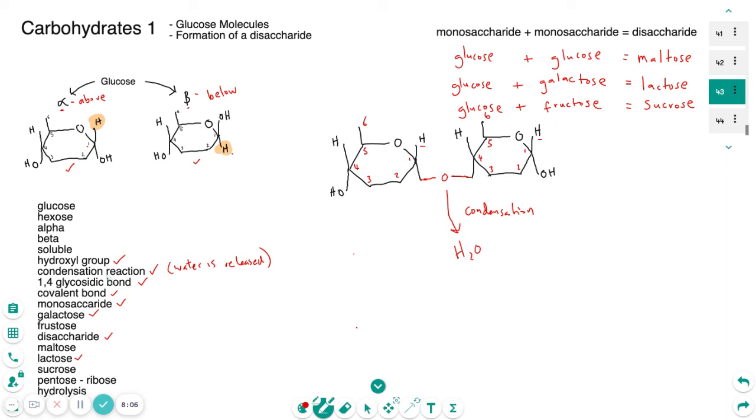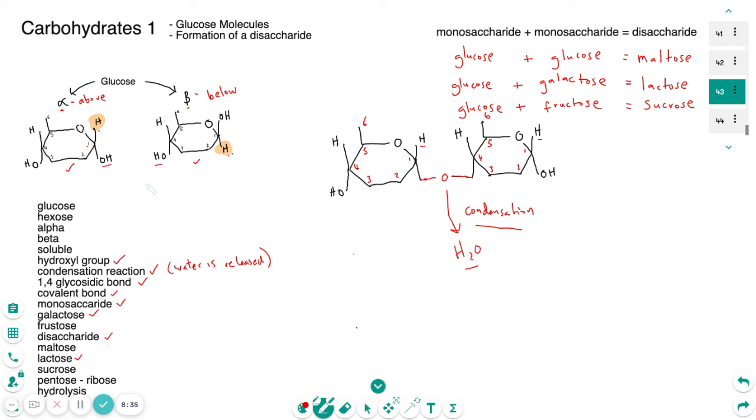All right, so just a quick reminder, you need to know the differences between an alpha and a beta glucose. The differences are where the hydrogens are located. We need to know how a disaccharide is formed through a condensation reaction, which is when the water is being released. And we need to know that it's the hydroxyl groups which are interacting, these ones here.